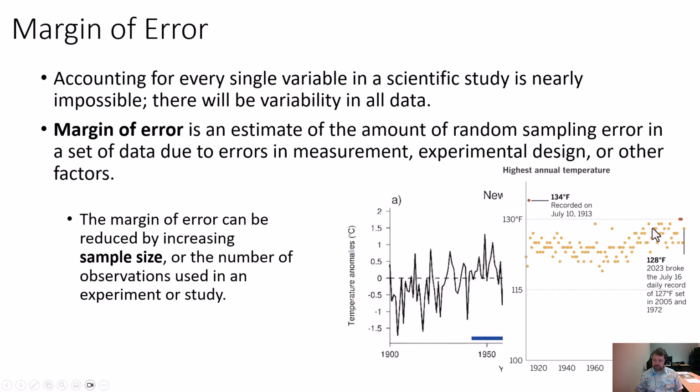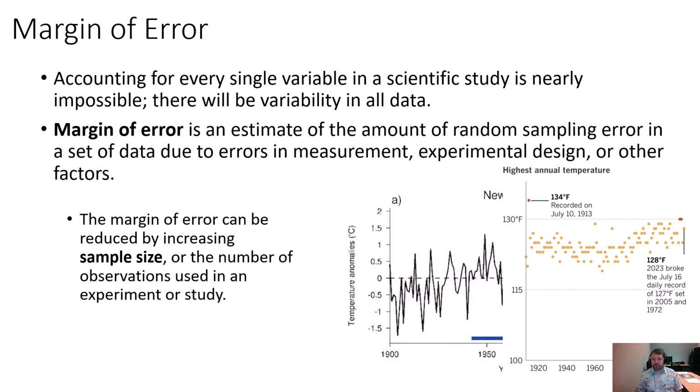You can see this kind of drifting upwards, and instead of looking at a snapshot in time and just concentrating on these outliers, like you can say, all right, well, the hottest recorded temperature ever was 1913, 134 degrees. Okay, so that must mean that the climate's not changing in Death Valley.